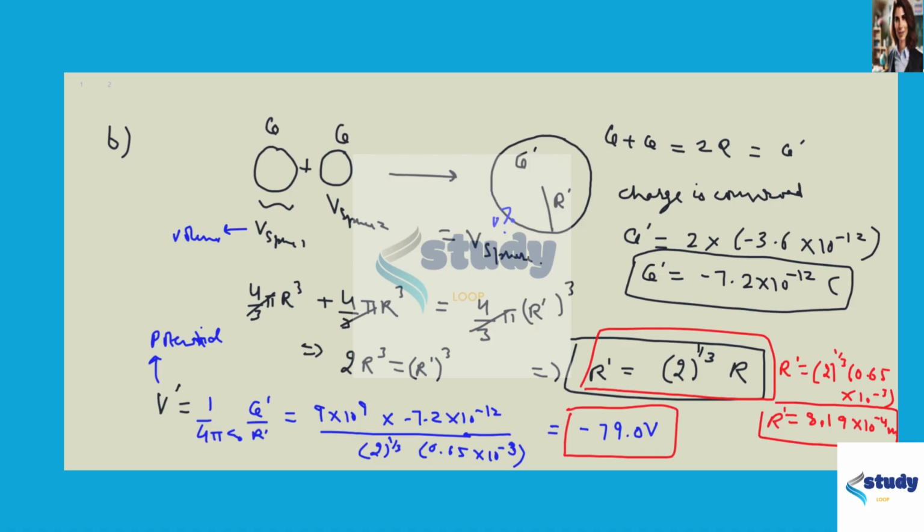So that's your new radius. Let me write the results here. So r prime, your new radius, is 8.19 into 10 raised to minus 4 meter, and your V prime, the new potential, is minus 79.0 volt.